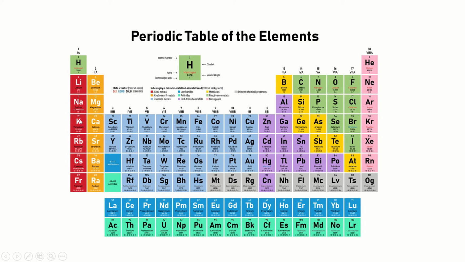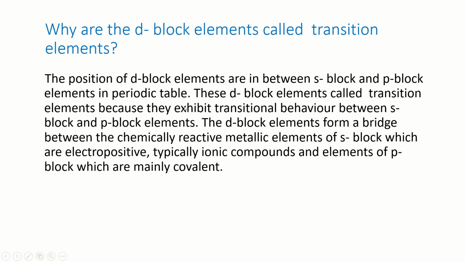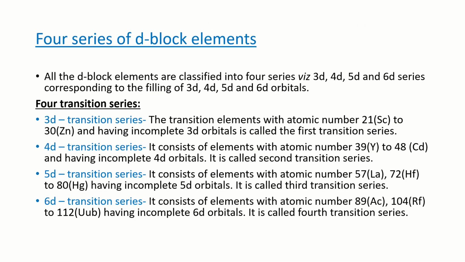These are electropositive, and here these elements are electronegative. Ionic compounds, and here the compounds formed by p block elements are mainly covalent in nature. Here the property changes from s to p, and that is why the d block elements are called transition elements.